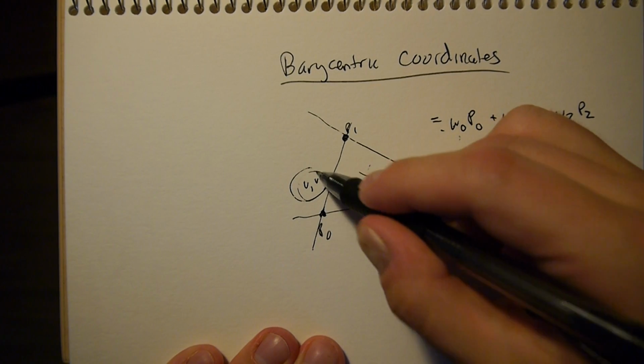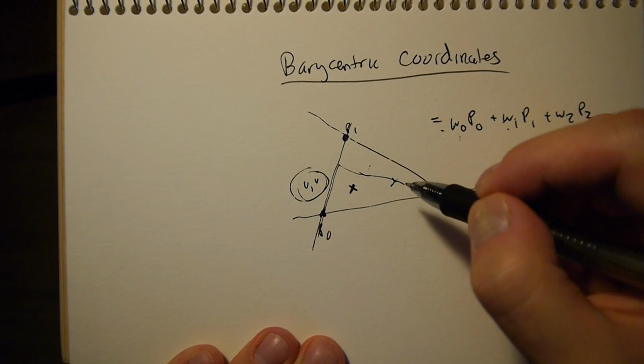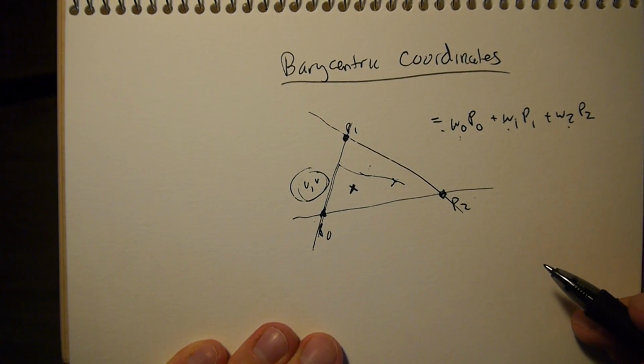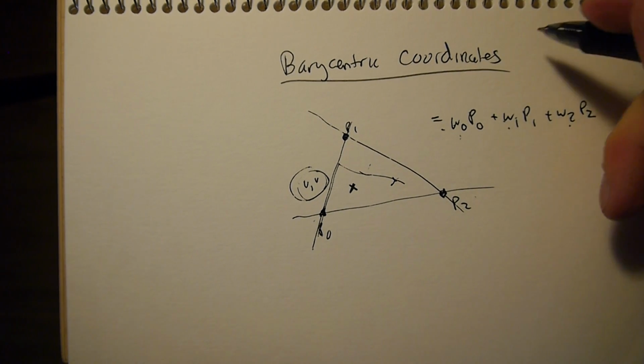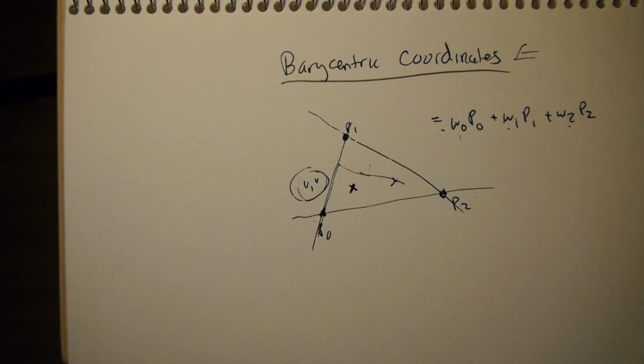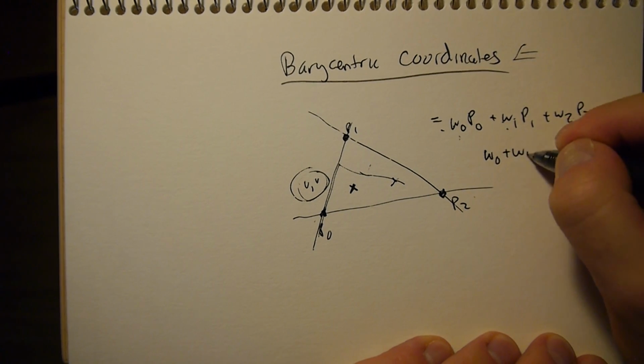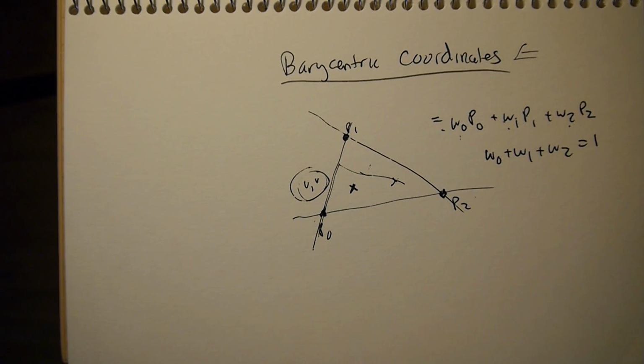I want to be able to specify 2 values that put me inside my triangle somewhere, and I know that no matter which ones I pick, I always get something inside the triangle. That's barycentric coordinates. Well, it turns out that if I just constrain these weights to equal 1, that is exactly what I get.